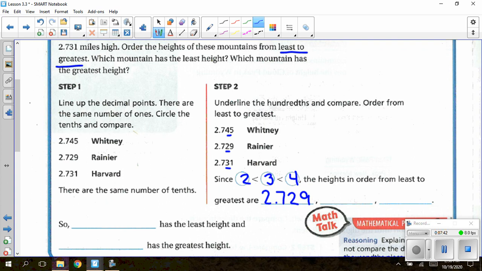Next was Mount Harvard, which was our 2 and 731 thousandths. And finally, we had our Mount Whitney, which was 2 and 745 thousandths. And again, we were able to do this because of the hundredths digit.